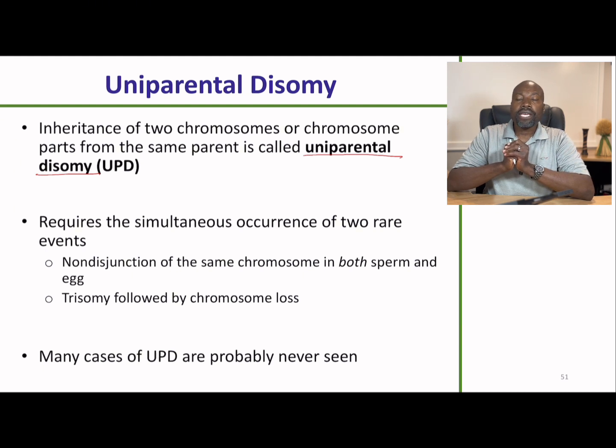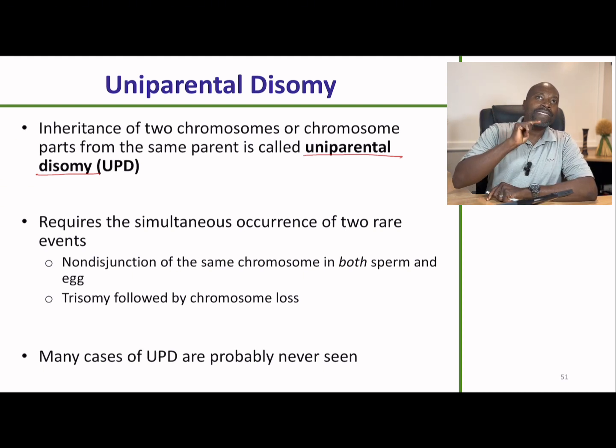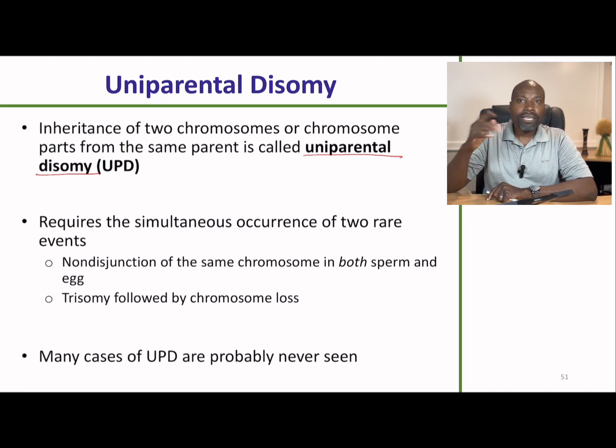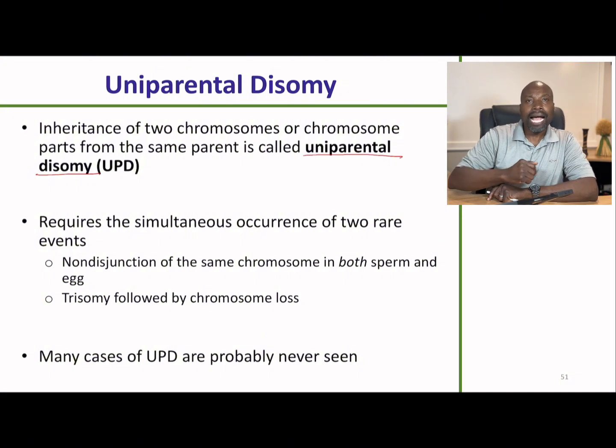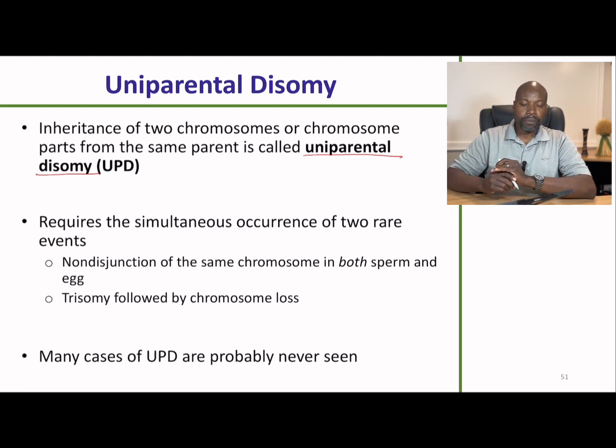Whether the egg did not have one of the chromosomes, but dad comes with an extra of that chromosome that is missing, right? Or dad did not have one of the chromosomes, but mom has that extra chromosome that is coming, right?